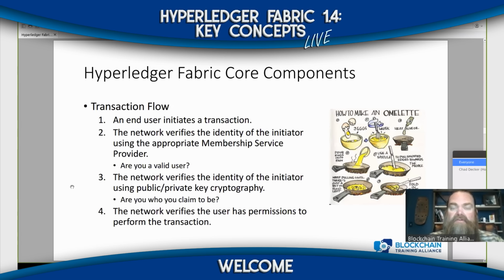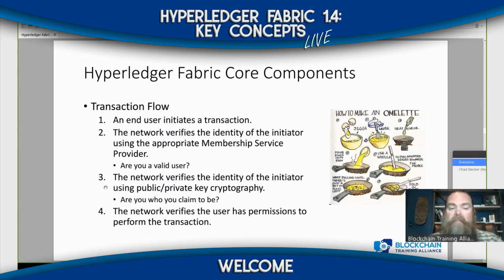Are you actually Bob? The way we do that is with a component we haven't explicitly talked about in Fabric. That is a component called the certificate authority. And essentially at this step, we're just using public-private key cryptography to validate the identity of the user. In other words, this transaction proposal is being submitted to the network, and it's been signed with a private key.